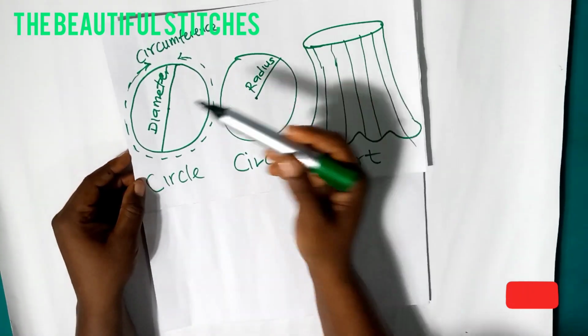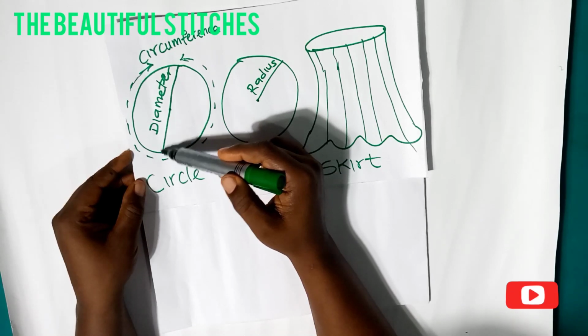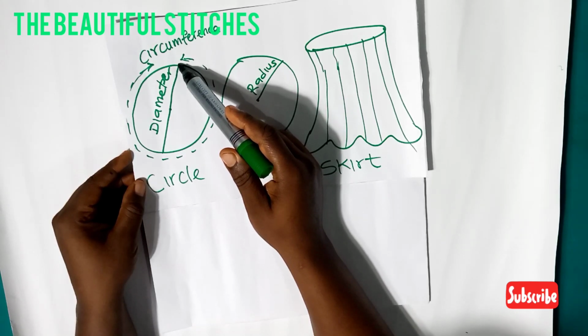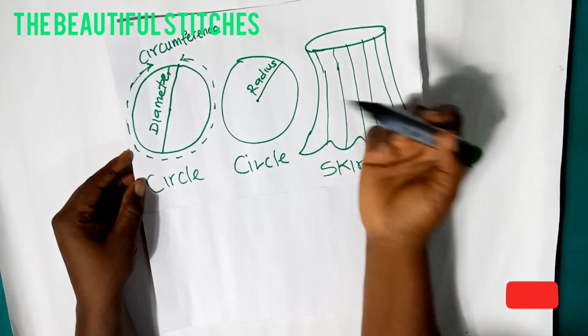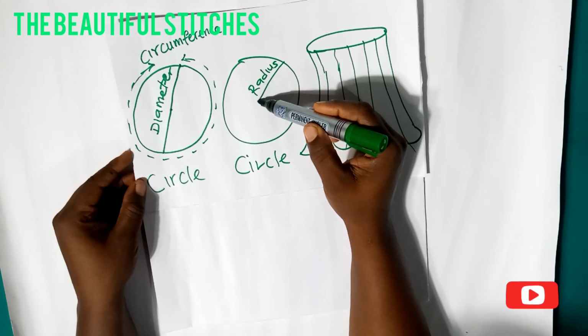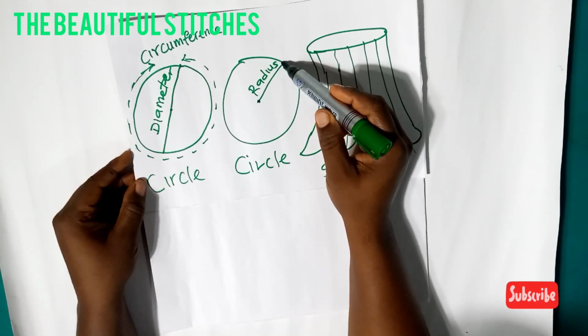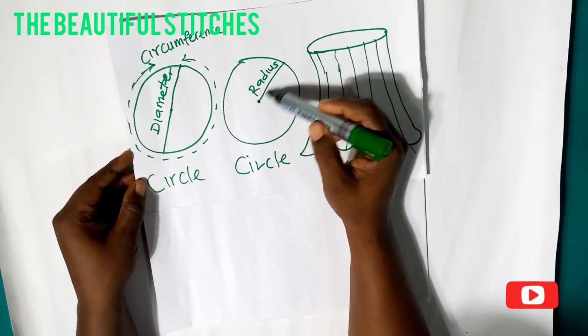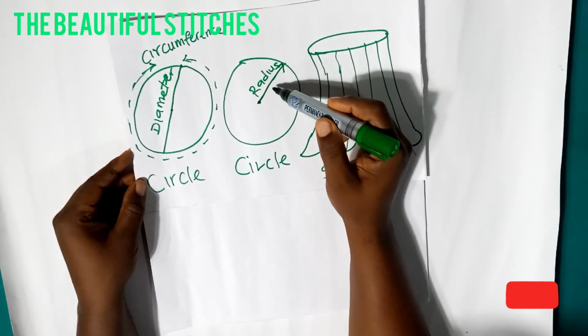And then if talking about the diameter, from one end of the circle down to the other end of the circle is the diameter of a circle. And then for the radius, we have our radius here. The radius is from the midpoint of our circle, from the center of our circle down to the edge of the circle. The distance from here to this place is the radius of our circle.